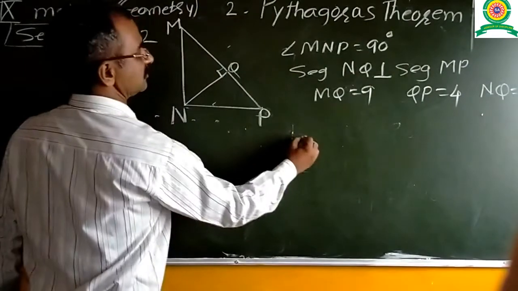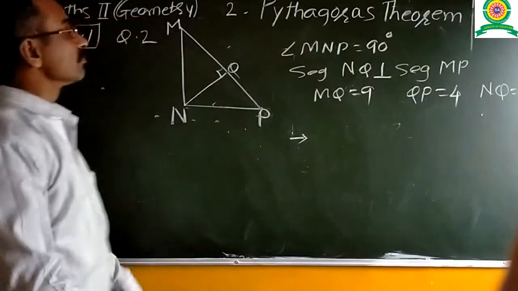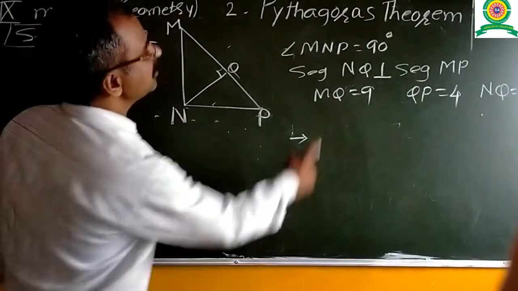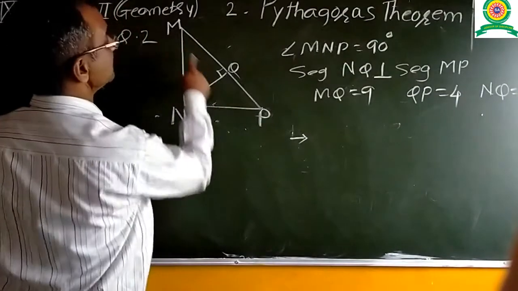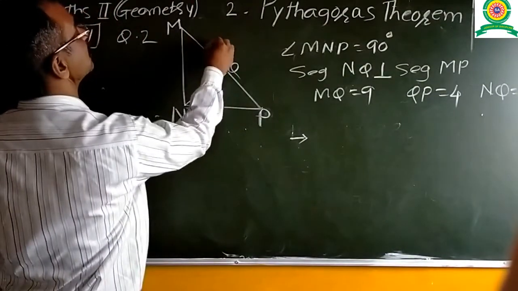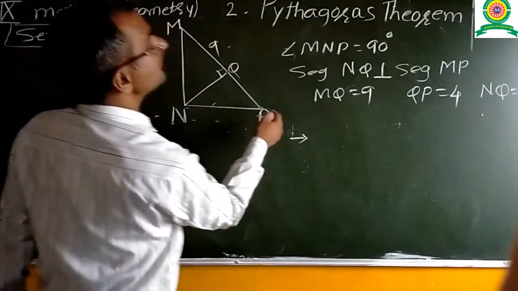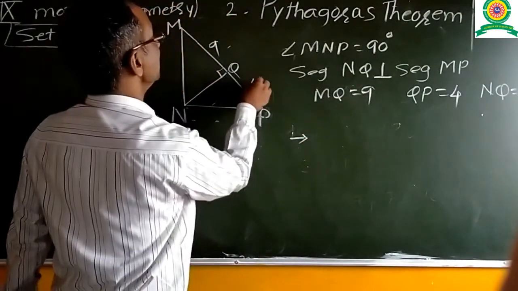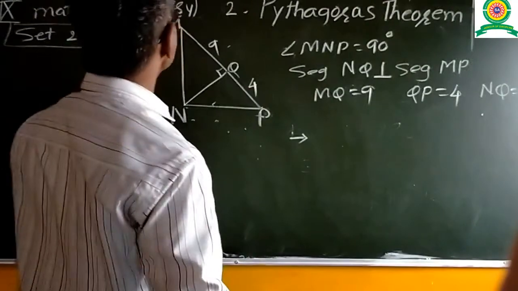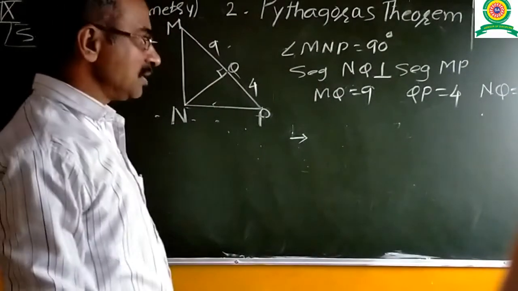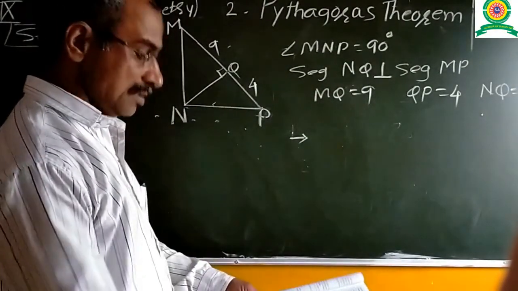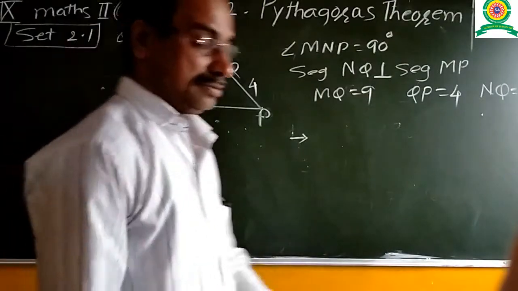So the solution. Put the values: MQ is 9, then QP is 4. Then find NQ. For that we are using the rule.